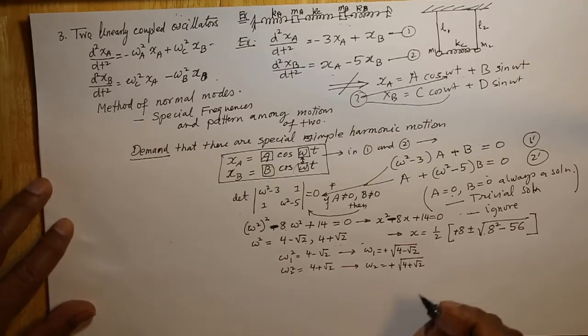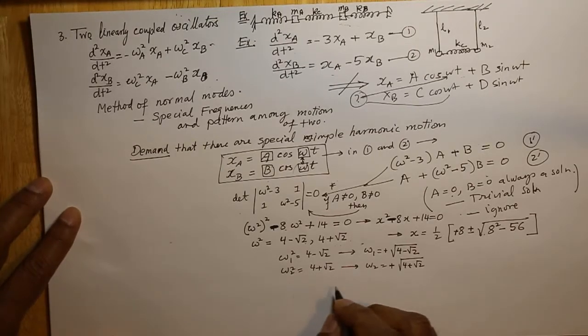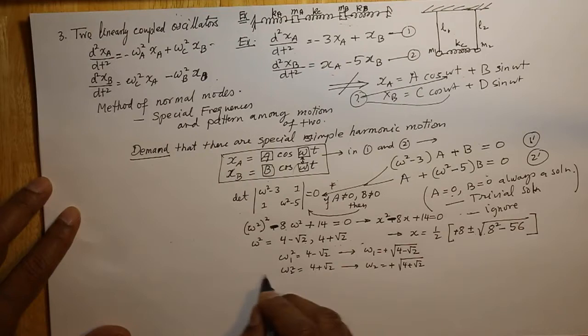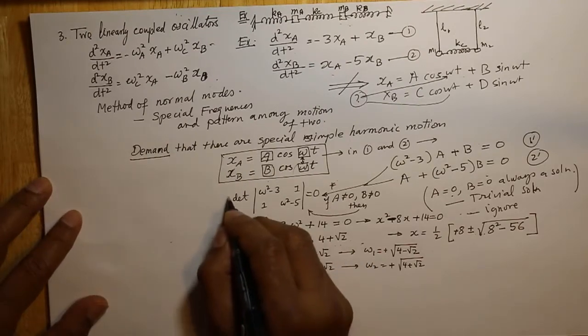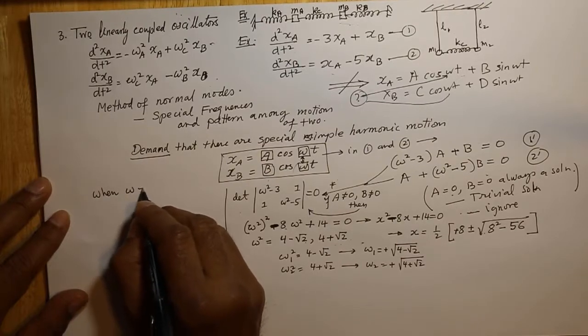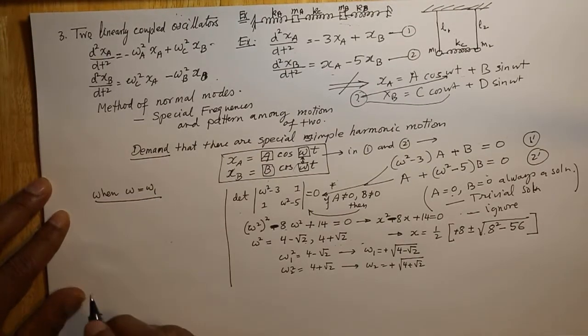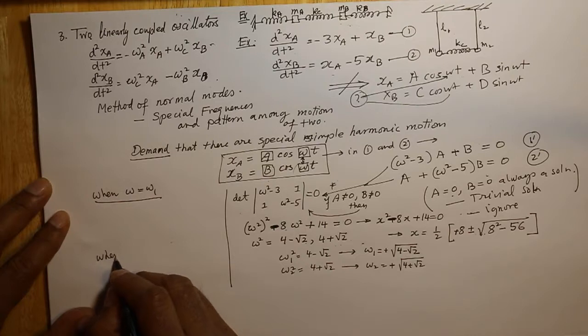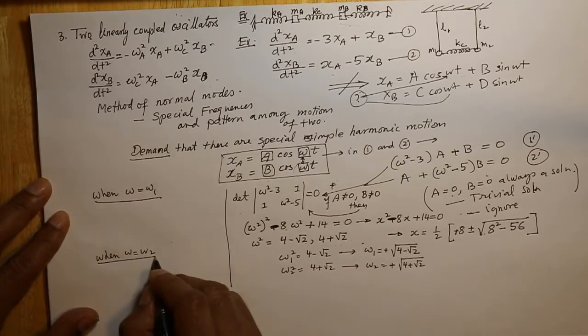Okay, so we have two values. When omega equals omega 1, that's one case, and then we have omega equal to omega 2.